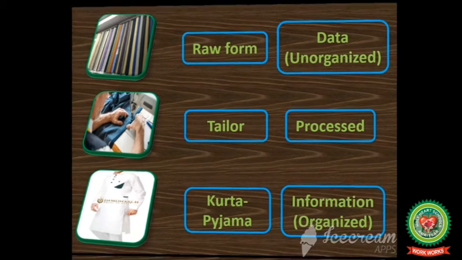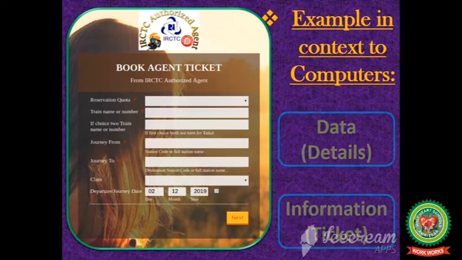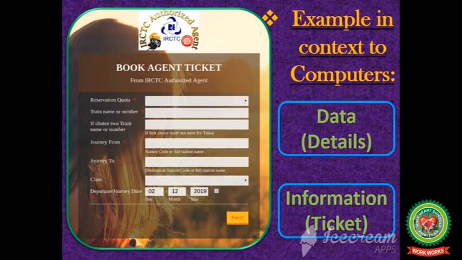Let's consider one more example in context to computers. Students, while booking the railway ticket, you provide the details like train name, journey from, journey to, class and journey date to the computer. This data is processed by the computer and you get the railway ticket.